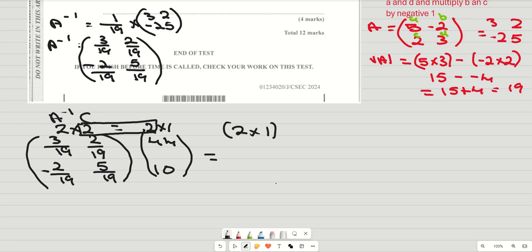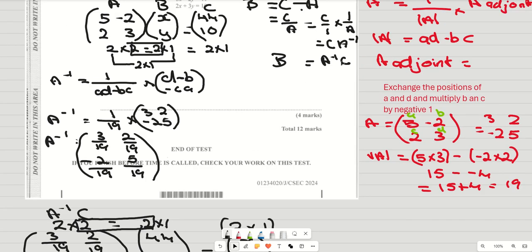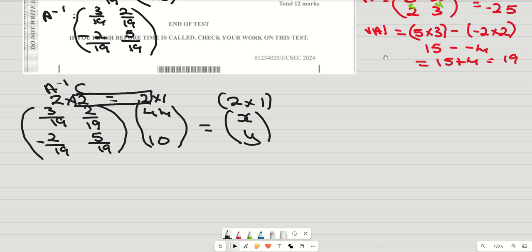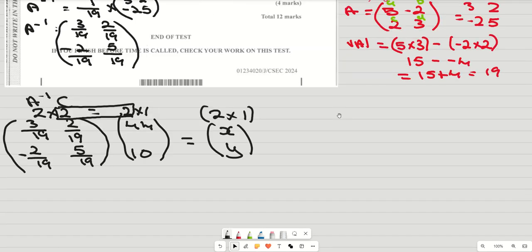X would be on top, y at the bottom, because we said that A times B is equal to C, and B here is X and Y. X would be element 1,1, which is row 1 by column 1, and Y would be element 2,1, which is row 2 by column 1. This tells us what we have to multiply to get X and Y.